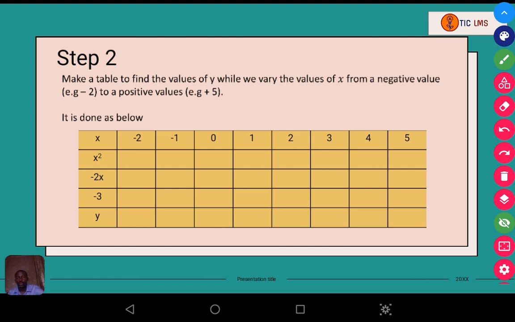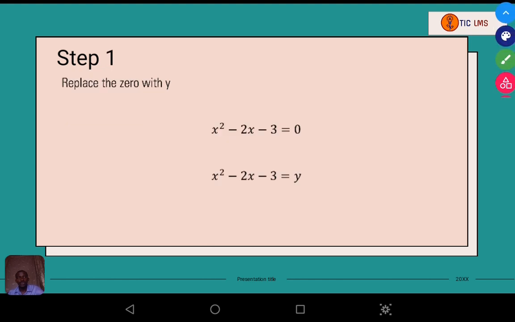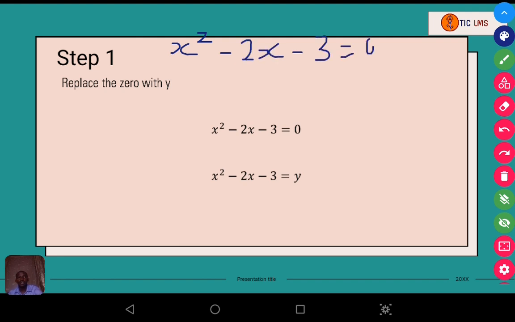So look at the exact equation. The equation we're given is x squared minus 2x minus 3 equals y.